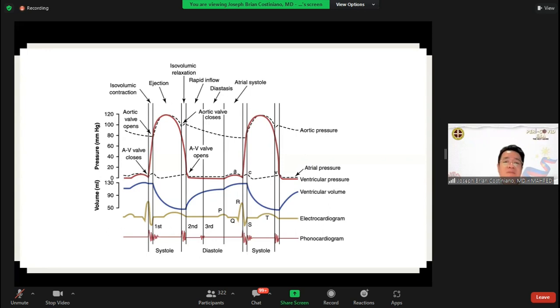So dito kasi makikita mo na lahat, no? Naka-summarize na siya. What are the events, no, that happens between your systole going into your diastole. Okay? So here, as you can see, yung QRS mo, saan ba yung ano ko? Laser pointer, ayun. Yung QRS mo, eto, this is P and then QRS. This is T wave, then P, then QRS. Your QRS coincides with your isovolumic contraction.